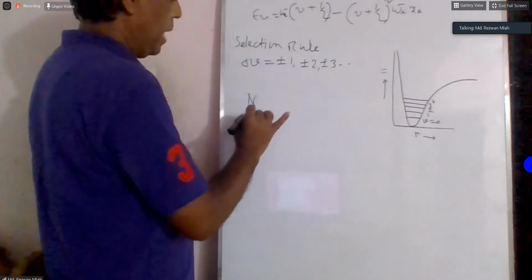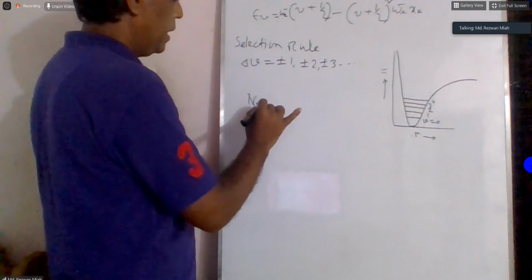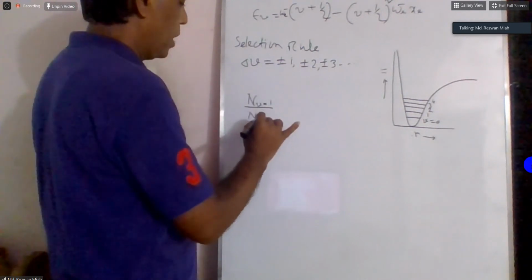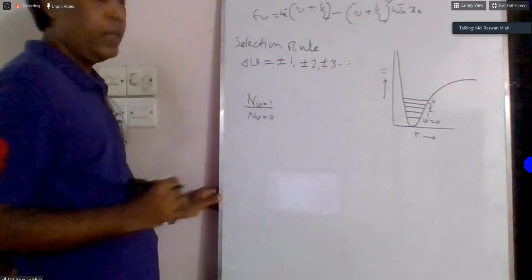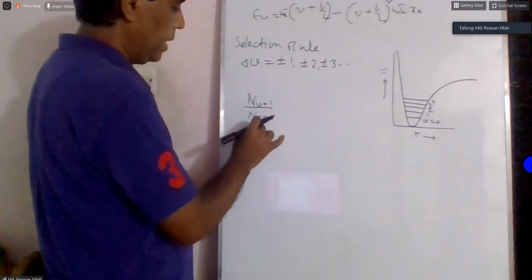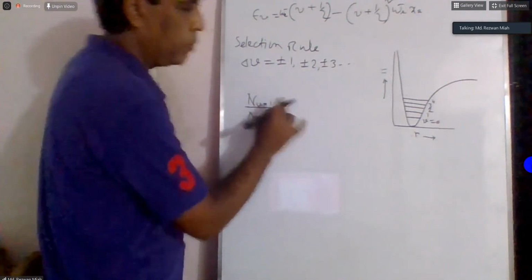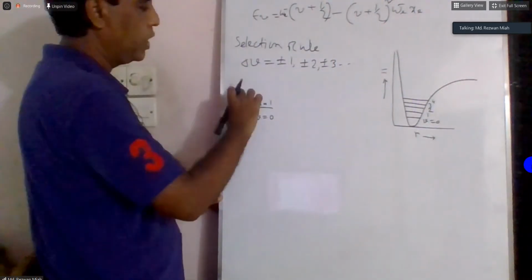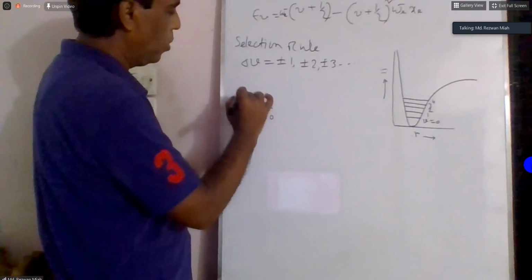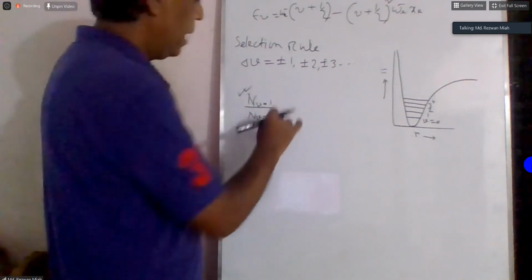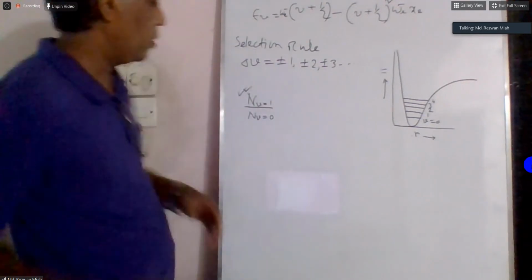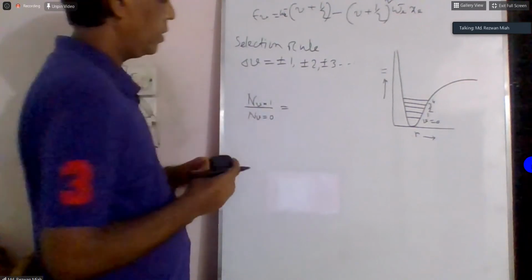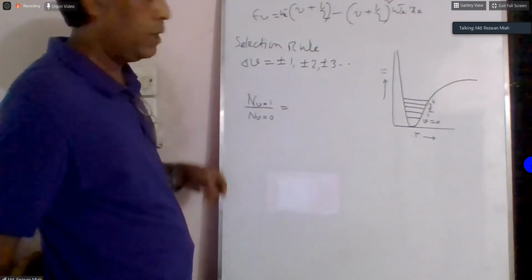Suppose the number of molecules residing in the mu is equal to 1 level and the number of molecules residing in the 0 level, the zero point energy level. If we take the ratio, we can approximately say how many molecules the first energy level contains. So first of all, let us consider this ratio of the 0 level and 1 level.